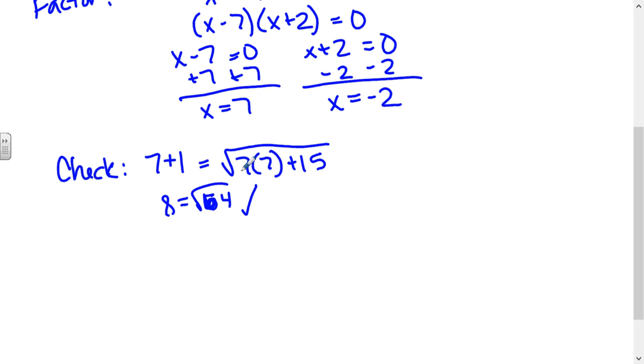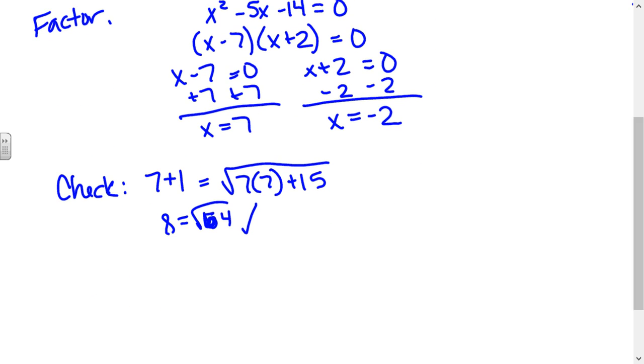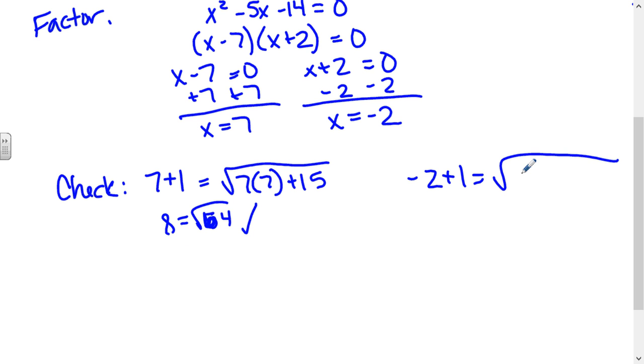Then we have to check negative 2. So we have x plus 1, and actually it's negative 2, so negative 2 plus 1. So we're plugging in negative 2, and we have 7 times negative 2 plus 15.